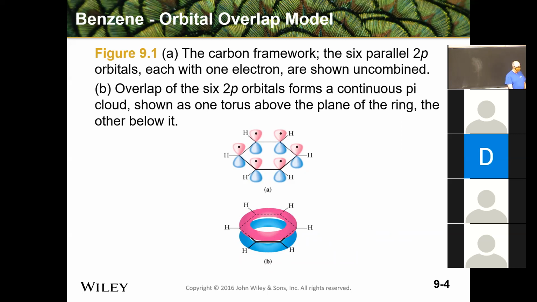So each carbon has an unhybridized p orbital. Okay, we can see that these can continuously overlap, as shown here. So there's a torus, or a donut-shaped electron structure above and below the plane of the ring.